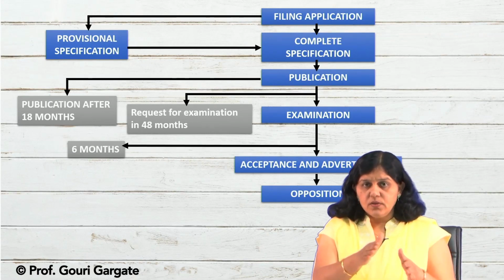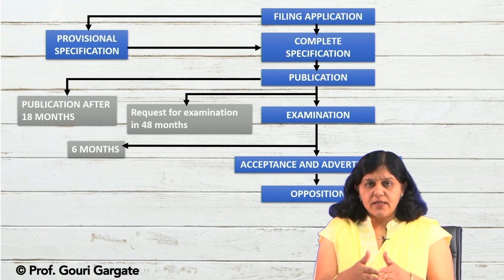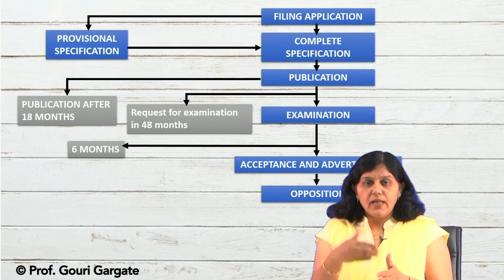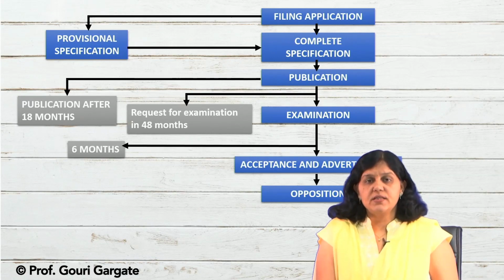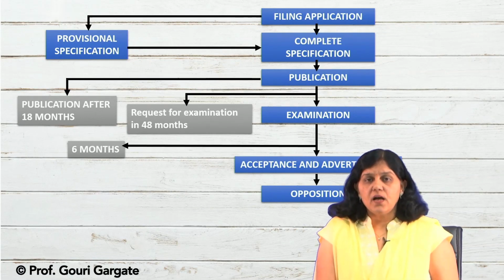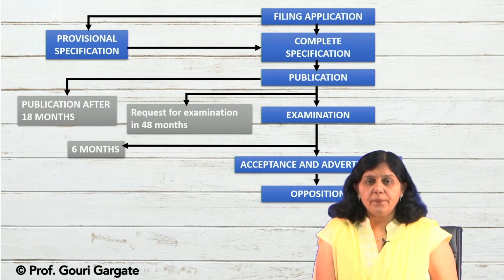Okay. After publication, if anyone feels that this application should not be granted, then that person can file a request to the patent office by filing the requisite form, and that is called a pre-grant opposition. Then what is a post-grant opposition?